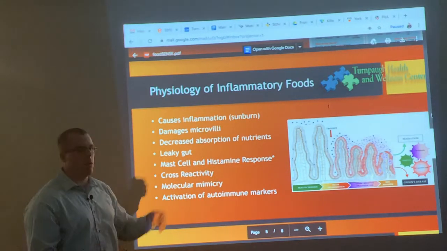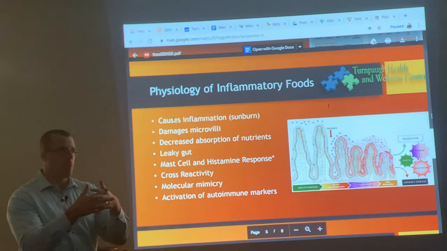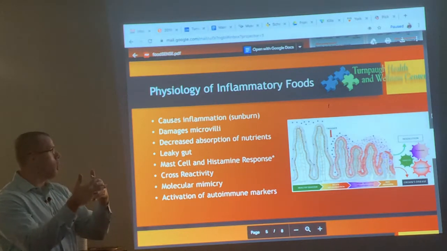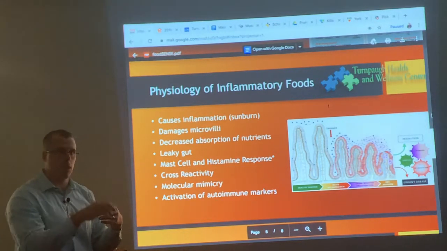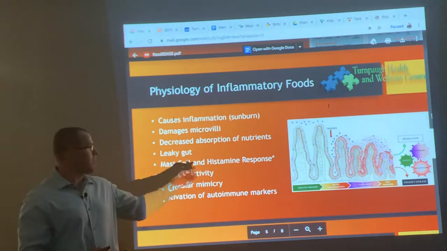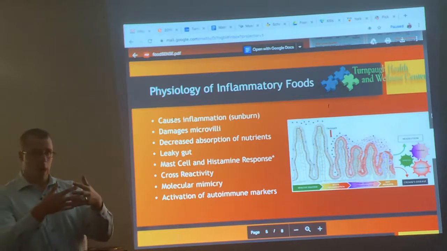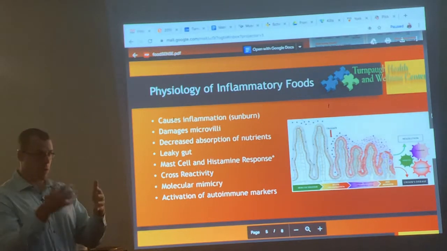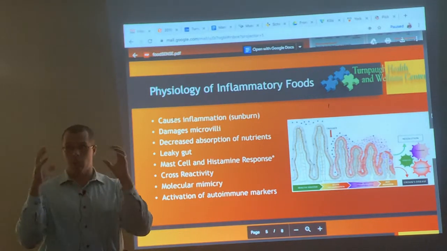And then we talked about leaky gut, how those gap junctions start to open up, and we start getting food particles into the bloodstream. Now this is where we come back to the mast cell and histamine response. As those food particles come in, they're broken down in various ways.